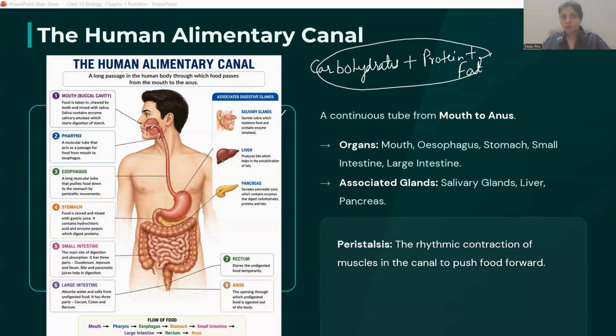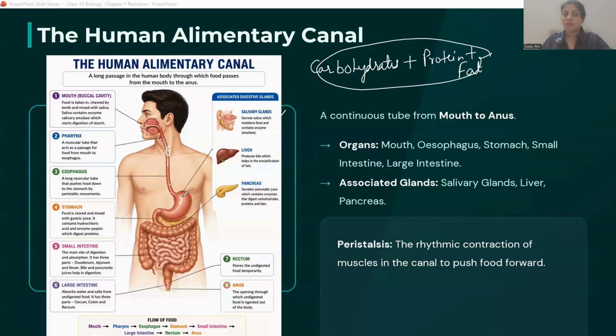From the mouth, the food goes to the pharynx, a muscular tube that acts as a passage for food from the mouth to the esophagus. The esophagus is a long tube that pushes food into the stomach by peristaltic movement. Food does not go directly like this. It goes through rhythmic contraction and relaxation, which is called peristalsis. In this way, the bolus goes down into the stomach.